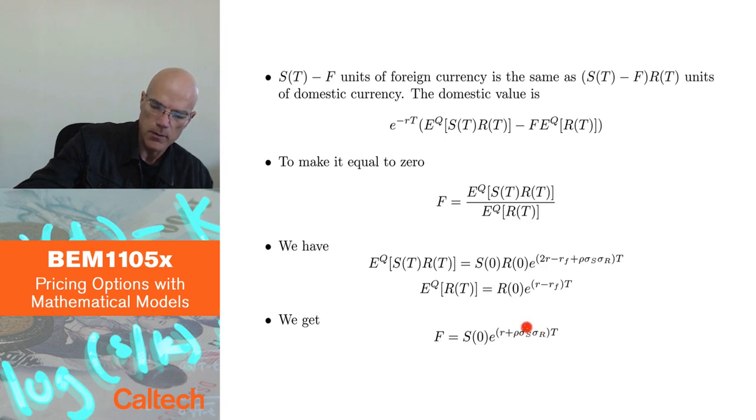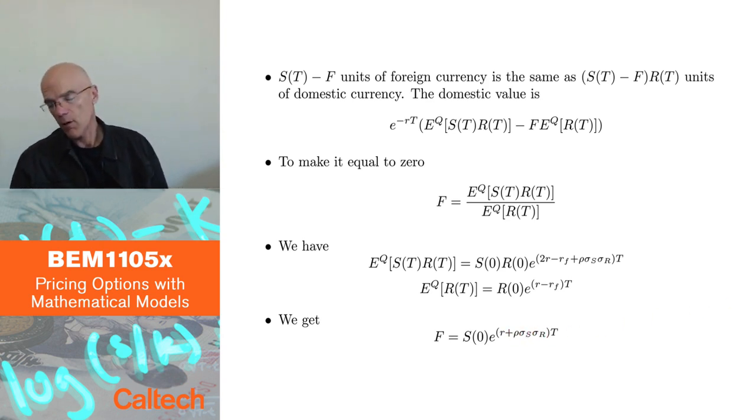What is this, statistically speaking? This is actually the covariance between s and r, between the index and the exchange rate, because you have correlation times the volatilities, times the standard deviations. Correlation times the standard deviations is the covariance. It's the covariance of the log returns of s and r. Okay, so it has the interpretation of covariance.